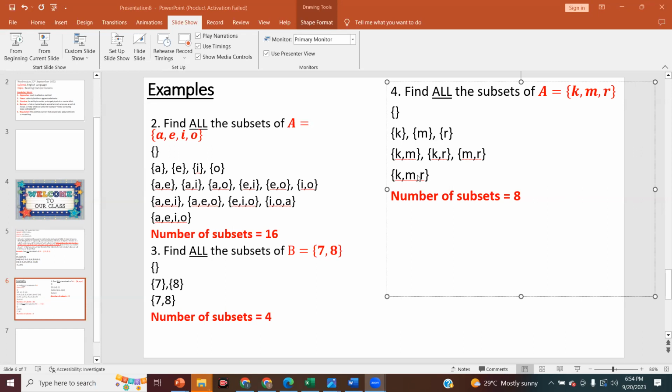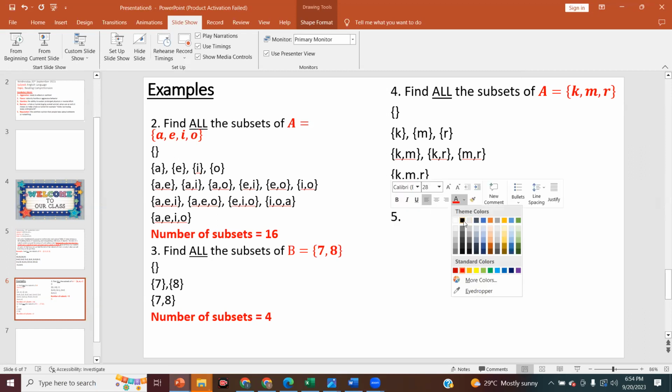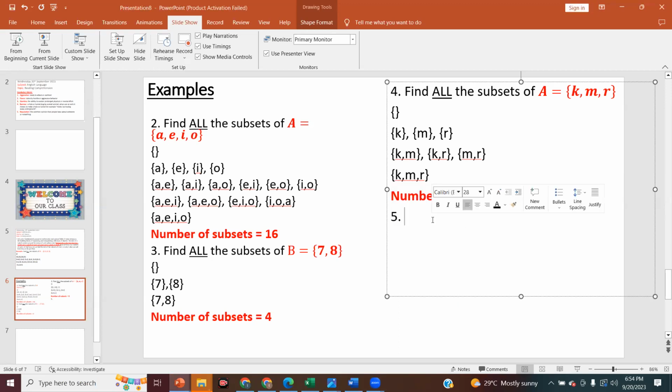Do you see that, Jevin? Yes, sir. Okay, good. Please write the number of subsets that we have. All right, then if we have another set, let's find all the subsets of this set.